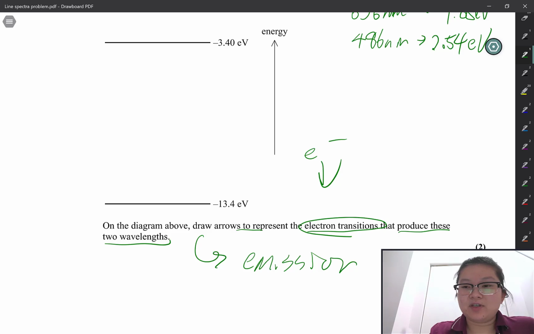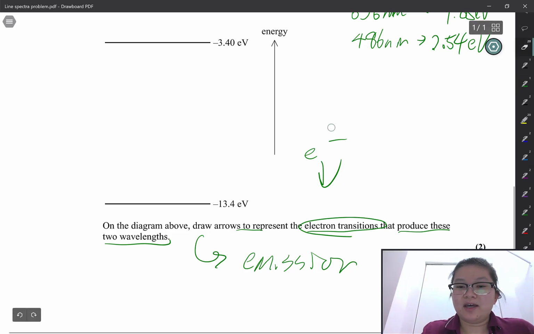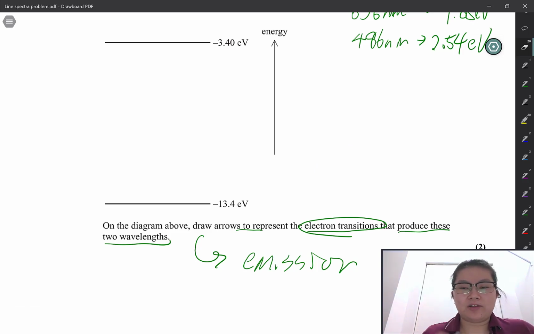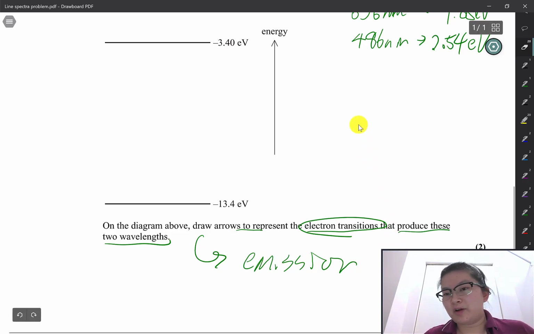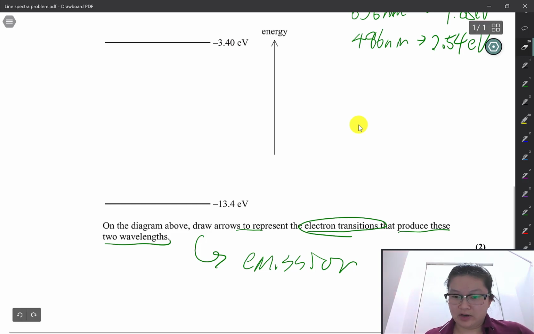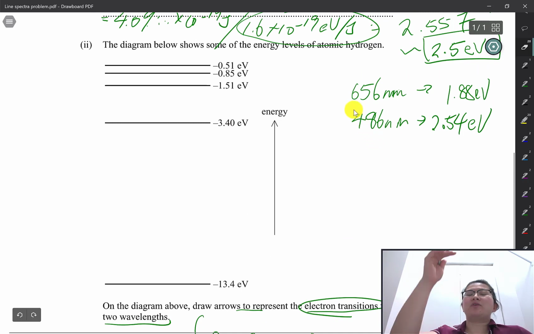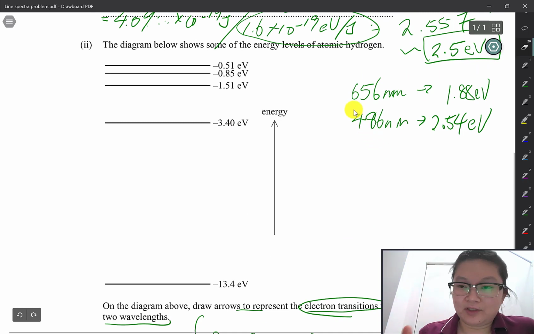That's something we have to be careful of in a question: whether we're talking about electrons transitioning to a higher or lower energy state. They both correspond to the same energy difference, but whether a photon is emitted versus absorbed is the important part here. Since it is produced, the electron must drop down the energy level.